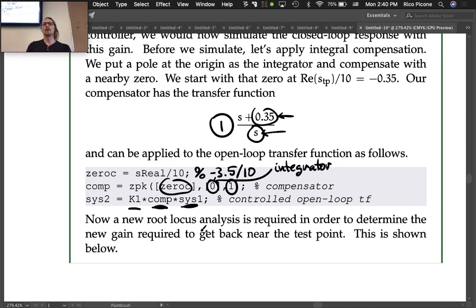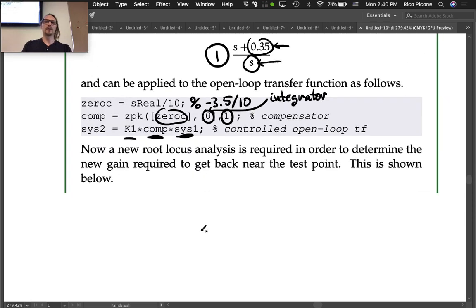So this is the open loop transfer function with the controller and the compensator in there, okay? But we're going to want to retweak the gains with this. So we're going to define it as sys2, and then we're going to do another root locus on it and tweak the overall gain again. Okay, so that's what we do.